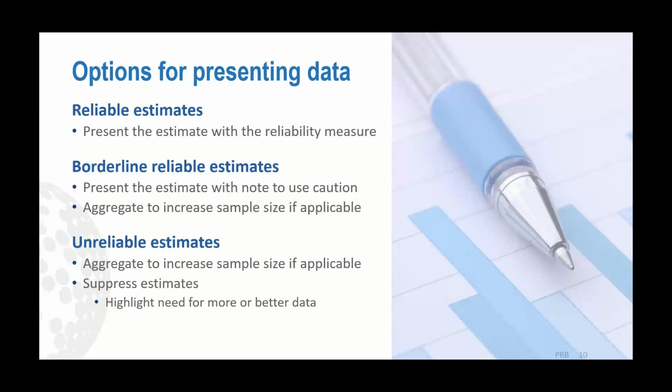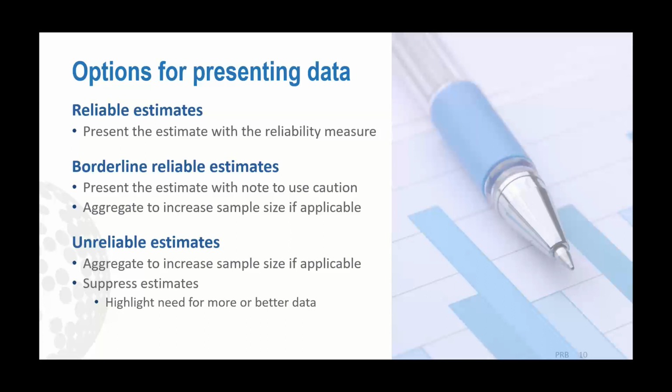Another option is that you could increase your sample size by aggregating data. You also might have a scenario where your estimates have such large errors that providing the data as is would not be useful. In this case, you'll need to do things to either increase the sample size to get more reliable estimates, or you may need to suppress your estimates.